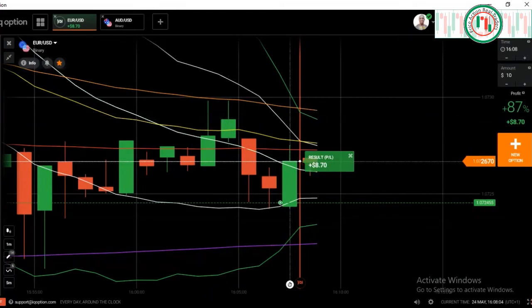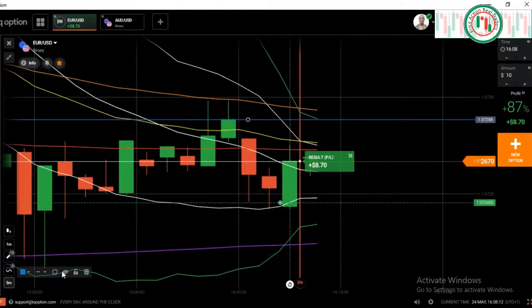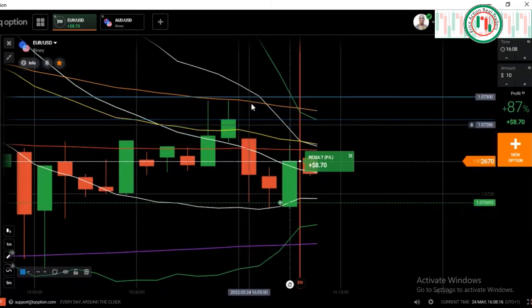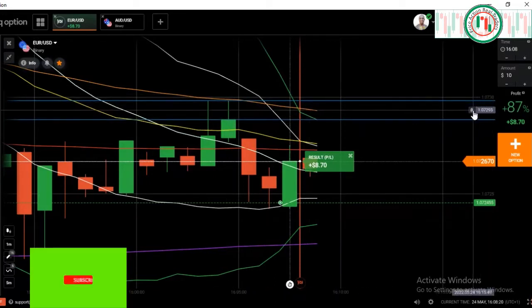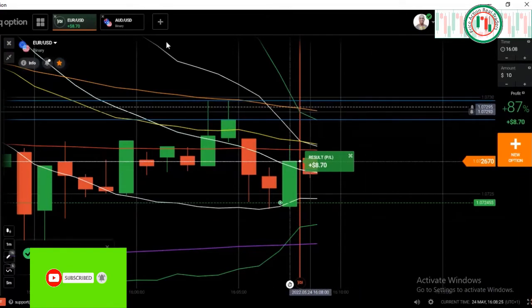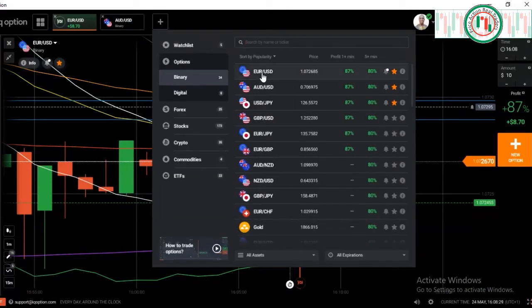So this is another area here. I will wait for market to reach this level, this zone, to take next trade here. This is another zone, so I will wait for market to reach this zone, then I will take my trade.